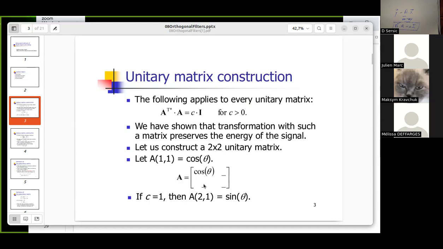How to achieve unitarity? So right here, the first element of the second row must be sine, because cosine squared plus sine squared will be 1.